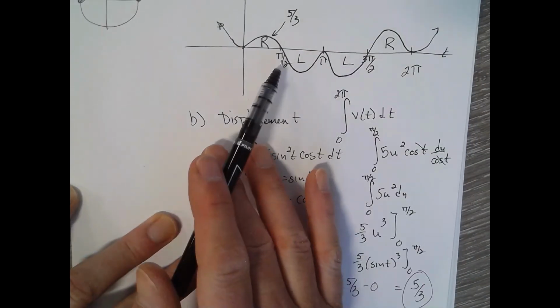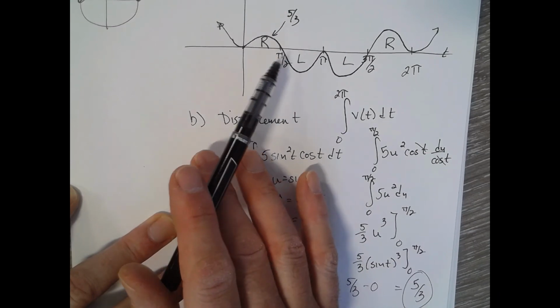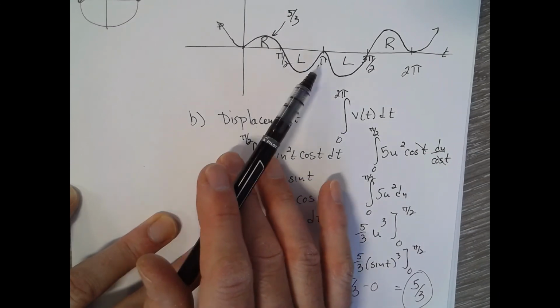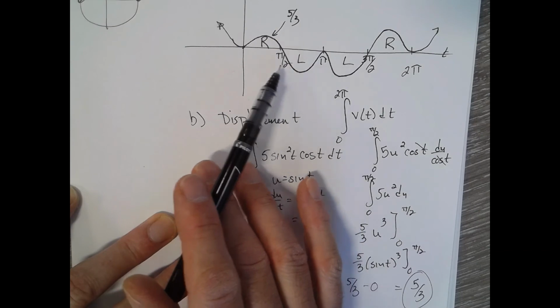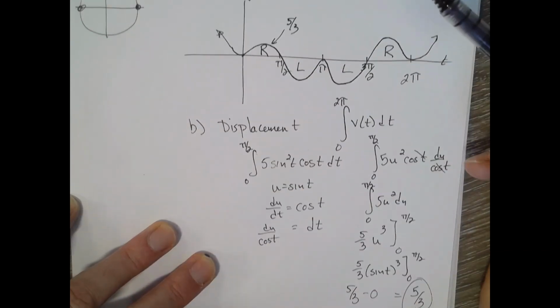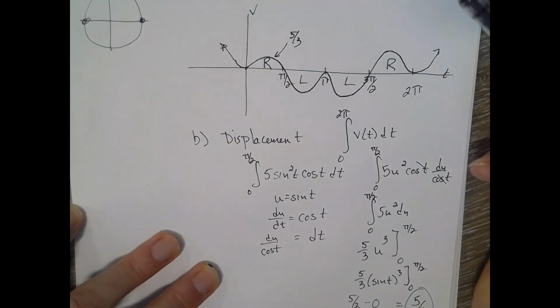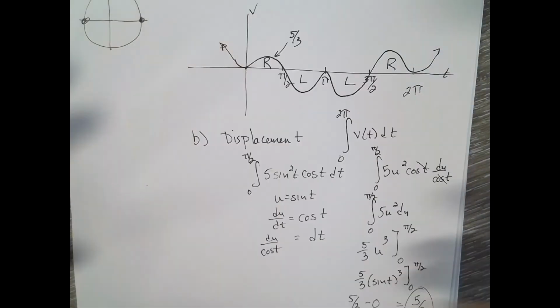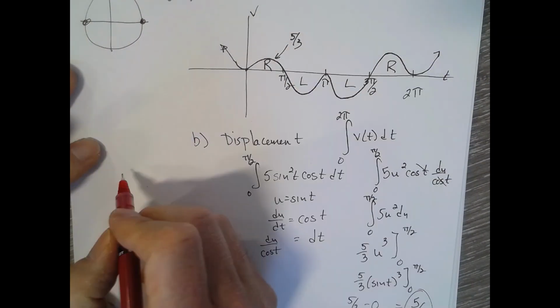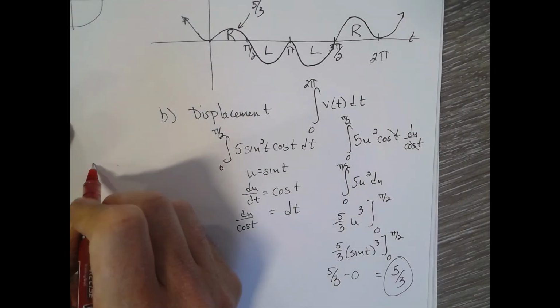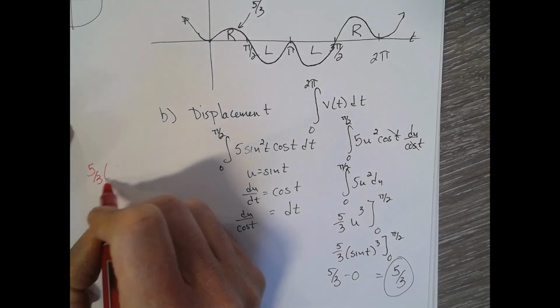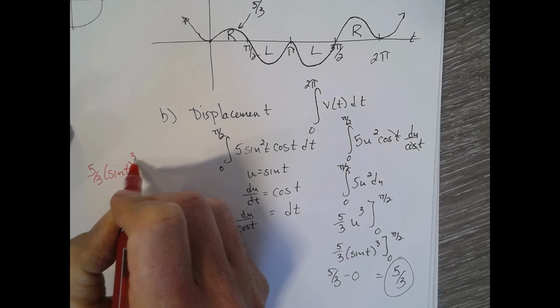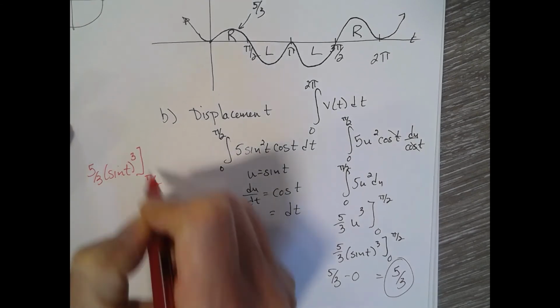If our intuition is correct, then from pi over 2 to pi should be what? What would we get for an answer from pi over 2 to pi? Negative 5/3, right. Let's verify that that is the case. We already have the antiderivative, so it's 5/3 sine of t cubed from pi over 2 to pi now.